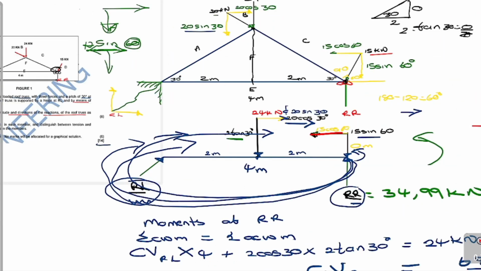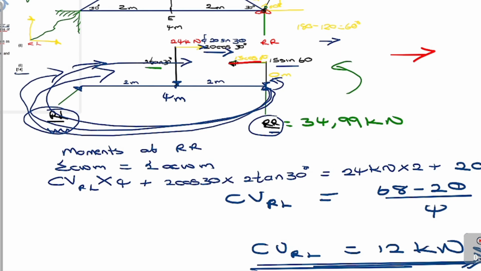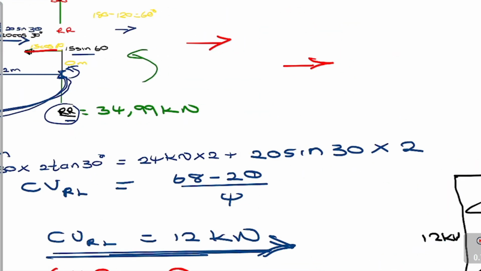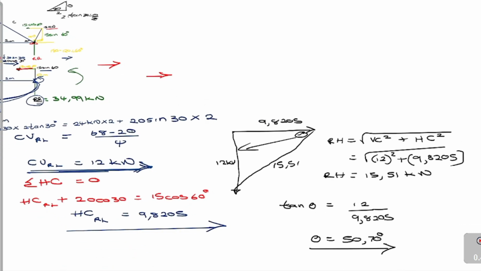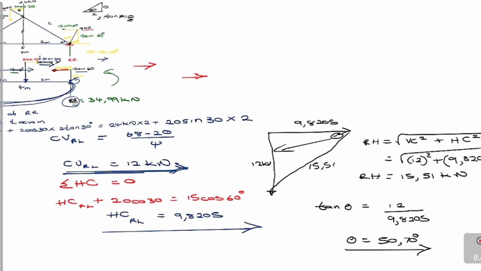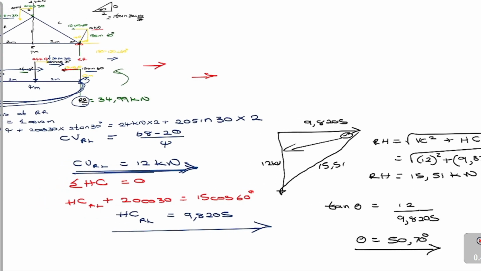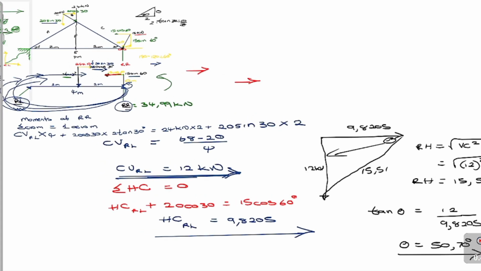The reaction of our hinge now, guys, will be 15.51 kilonewtons, and its direction will be 50.7 degrees. You can say to the horizontal, since our angle is on the horizontal.